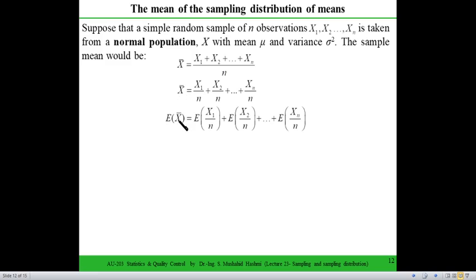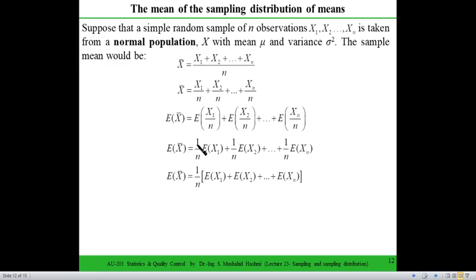So the expected value of the sample mean would be the expected value of this term plus this term and plus this term. As we know from the property, it would be 1 over n times the expected values of the first sample, second sample, third sample, up to the n-th sample. Here 1 over n is common, so take it out and take the sum.